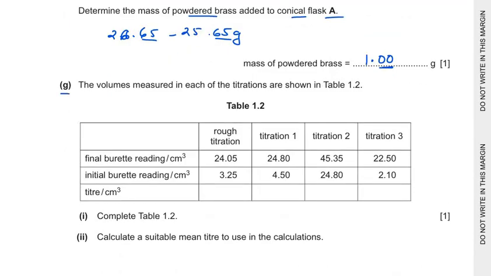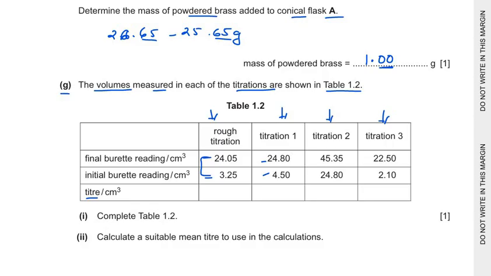Next, the volumes measured in each of the titrations are shown in table 1.2. So here is table 1.2, and the rough titration, titration 1, titration 2 and titration 3 are given, and the final and initial readings of each are given. So for the titers, we need to subtract these two to get the titer volume.